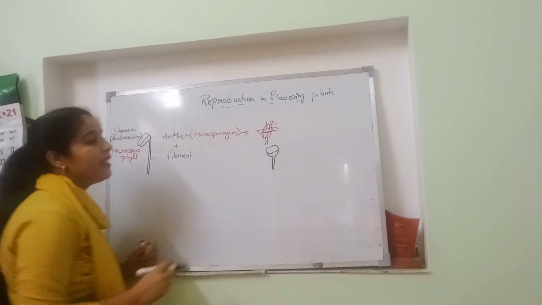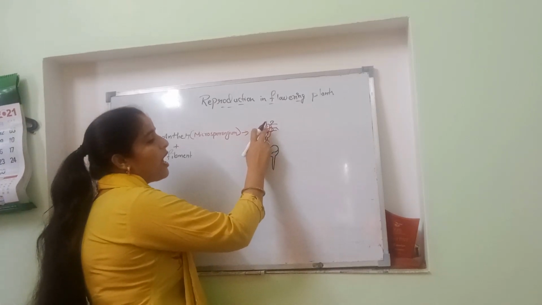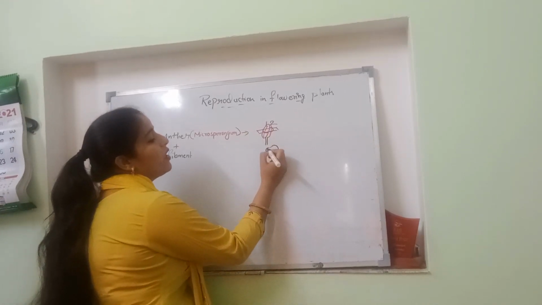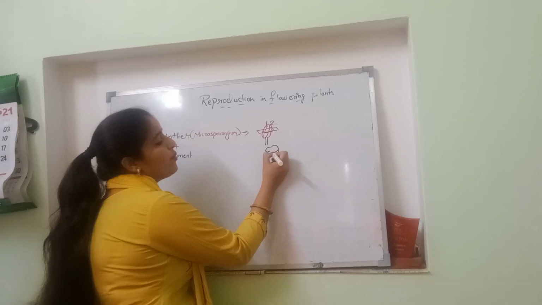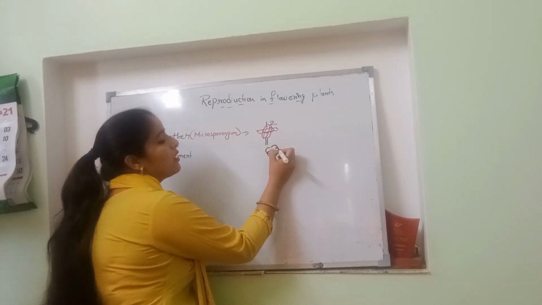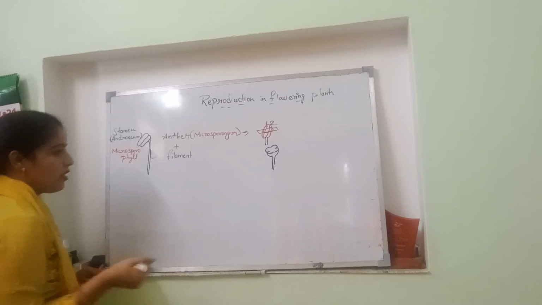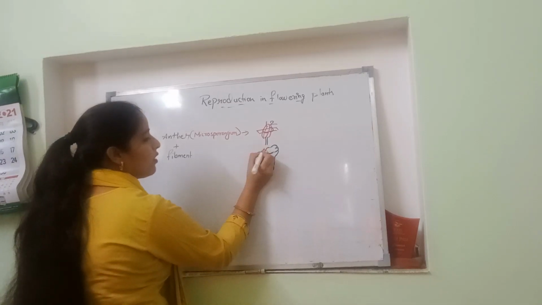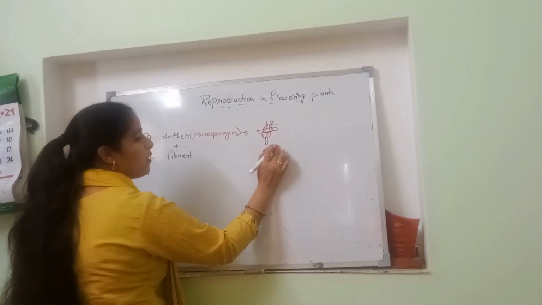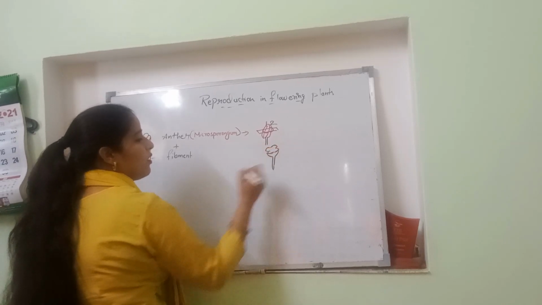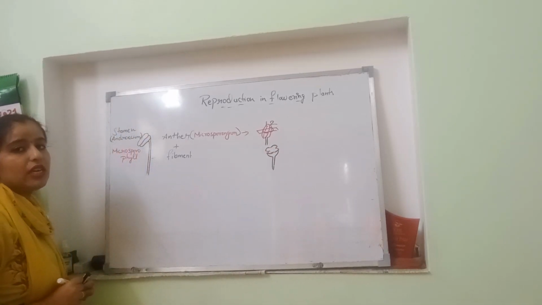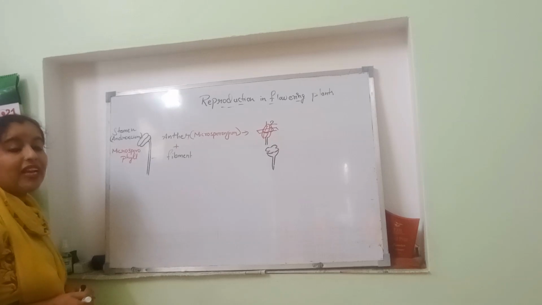But we can see there is a slit here also. यहाँ भी आपको एक slit दिख रहा है. So it is not like this but it is like this. OK, so it is like this. So this is the structure of the anther when we dissect it, when we cut it.